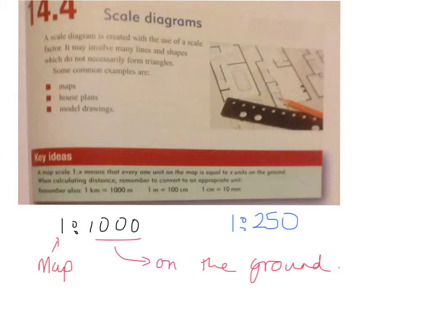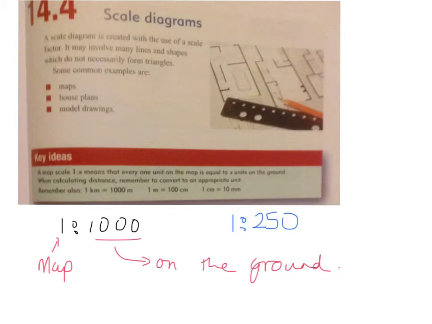It could be 1 metre on the map, if you had a huge map, and 250 metres on the ground. So you've got to know your conversions: 1 kilometre equals 1,000 metres, 1 metre equals 100 centimetres, 1 centimetre equals 10 millimetres. You've got to keep those in mind.